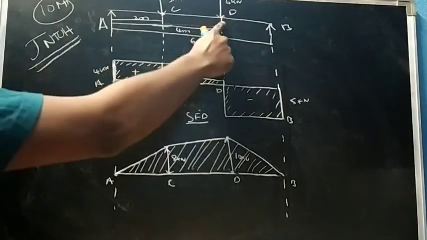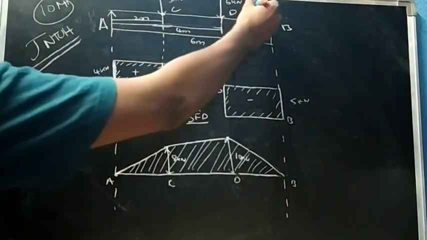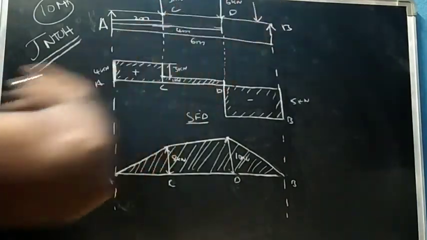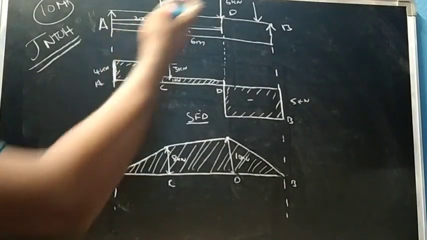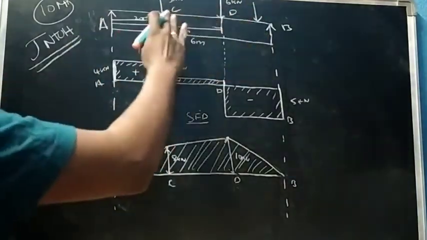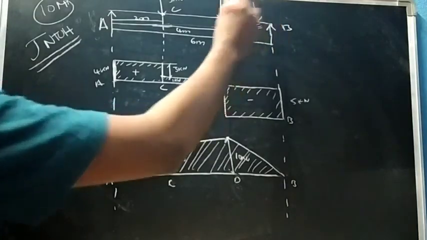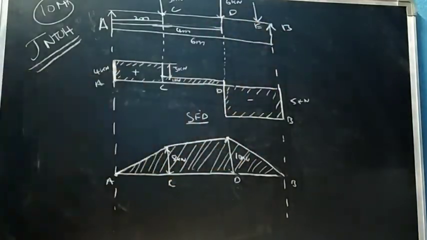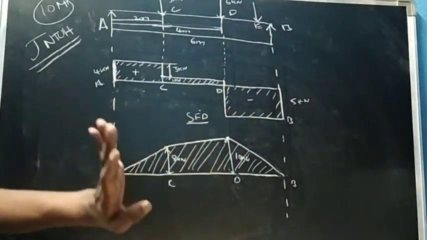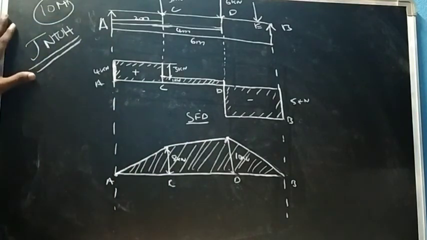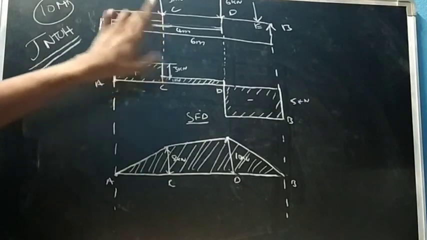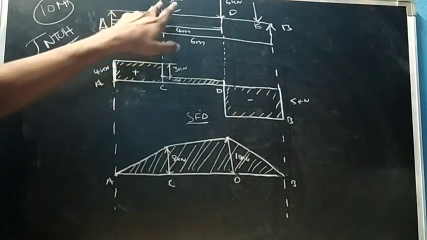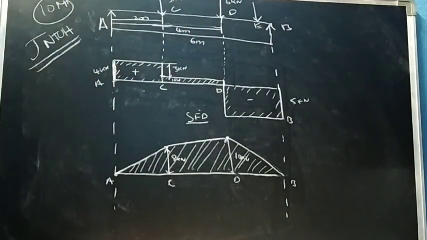They will give a point load or they can increase the number of point loads. We only need to find another point, that is A, B, C, D and E. The E variation will come in the shear force and bending moment. So this is all about shear force and bending moment on a simply supported beam when point load is applied.